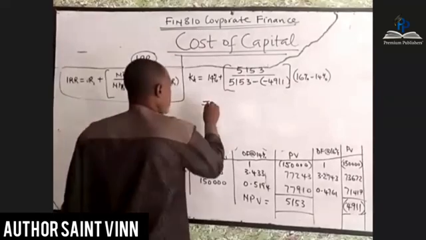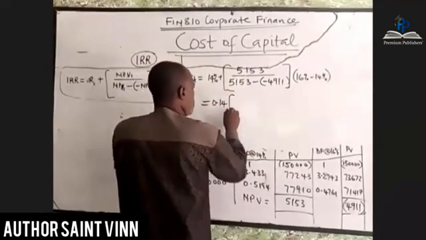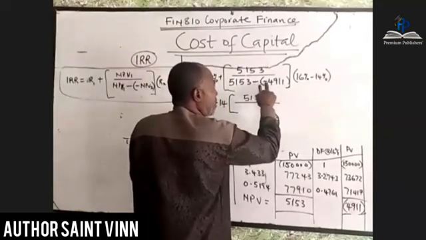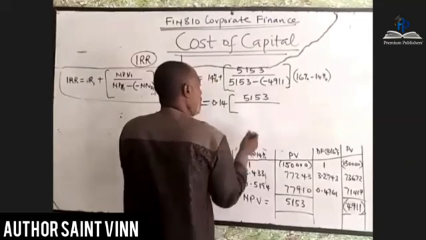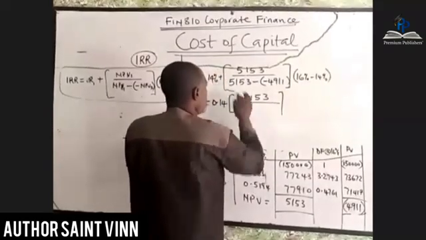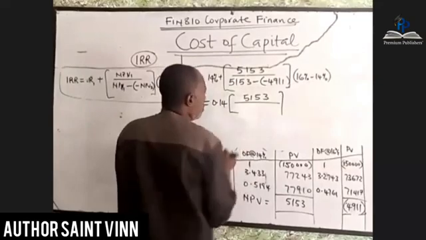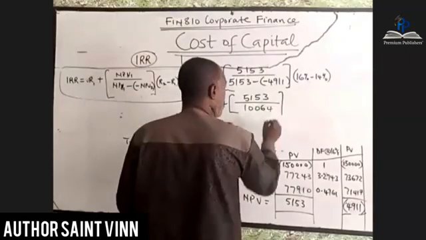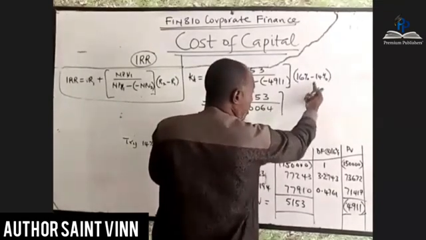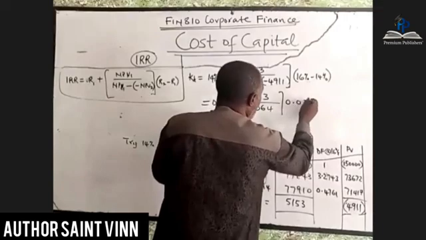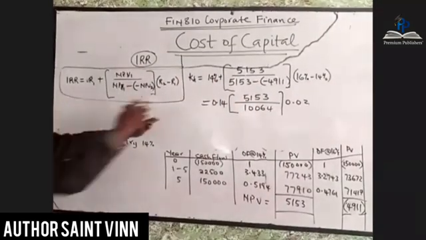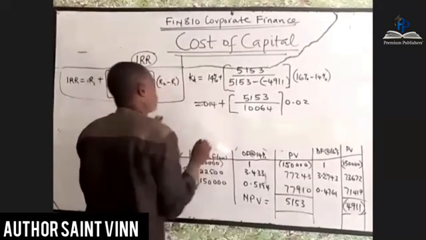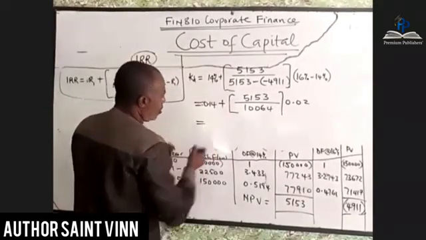And the proposed indication is 0.14 plus 5153 over minus times minus, which is plus. Please add this for me. This downward gives 10064. The difference here is 2%, which is 0.02. So 0.14 plus, somebody help us.